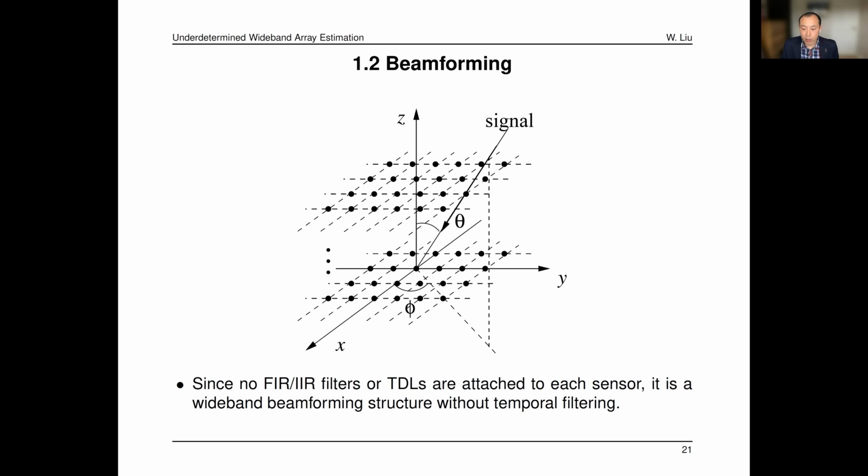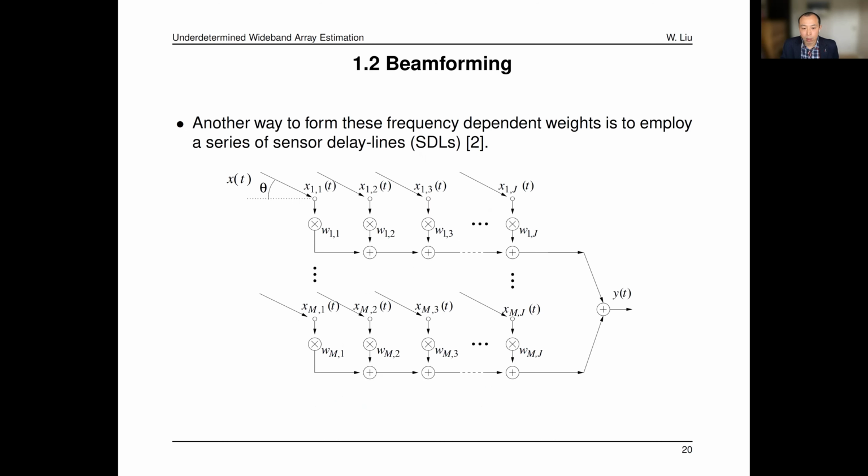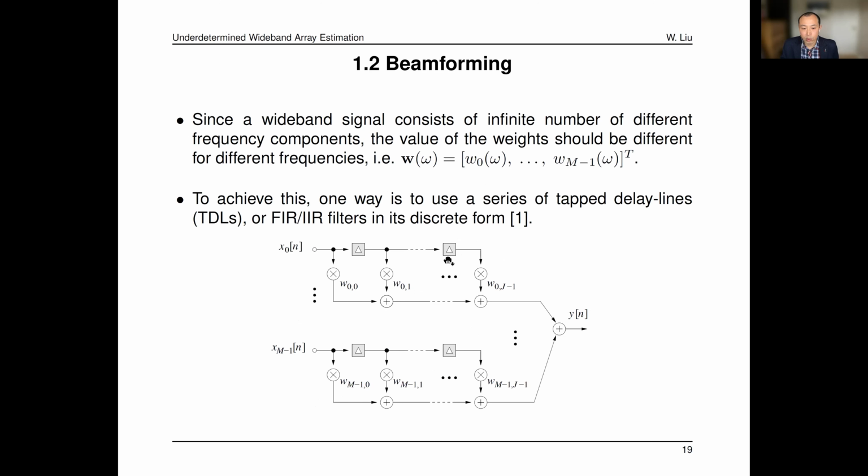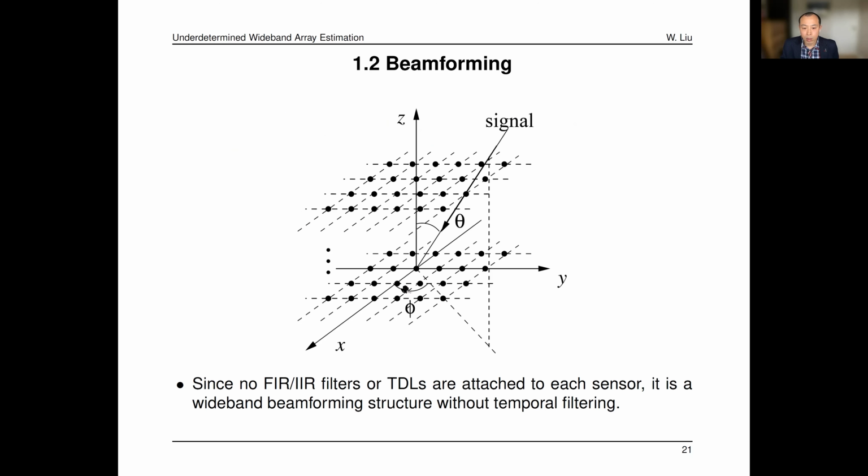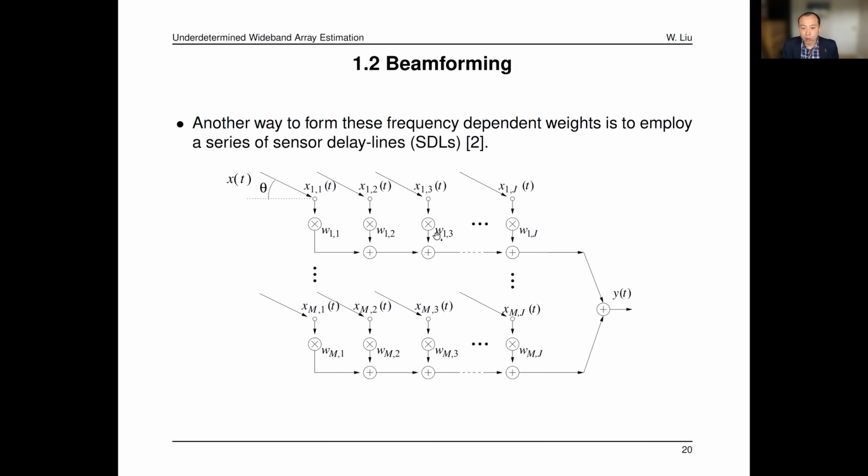We can also consider this as a wideband beamforming structure without temporal filtering, because a filter is a temporal filtering operation, but here there is only one coefficient, with no filtering operation, just multiplying by the coefficient directly.